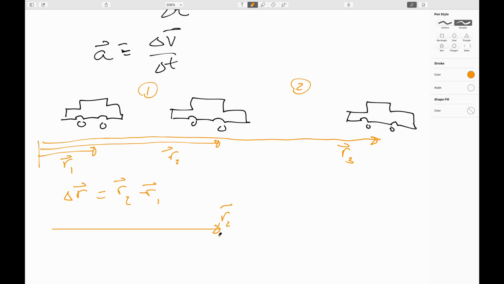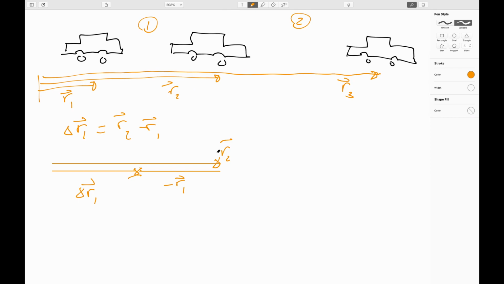I will add to that a negative R1 to get delta R. We'll say delta R1 here because this is time interval 1.